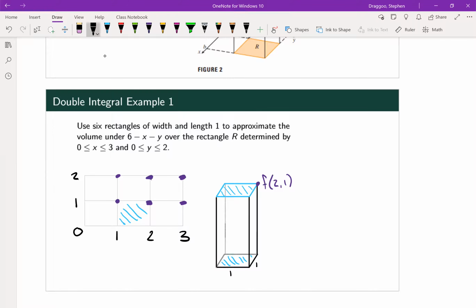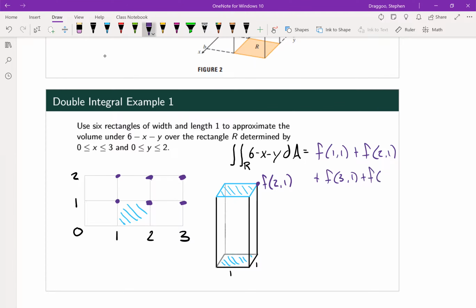So if we want to make some approximation about what we're doing here, the double integral over our region of 6 minus x minus y dA should be equal to f of 1, 1 plus f of 2, 1 plus f of 3, 1 plus f of 1, 2 plus f of 2, 2 plus f of 3, 2.